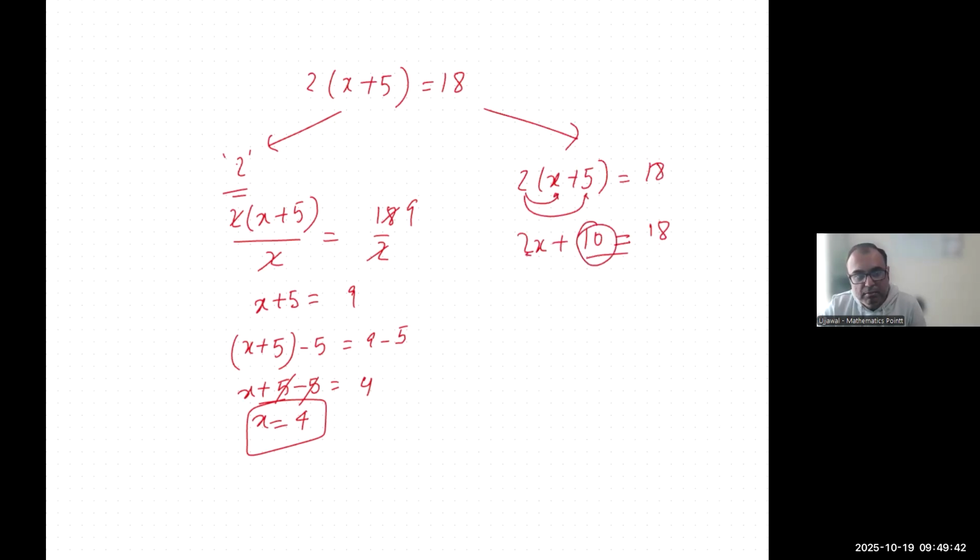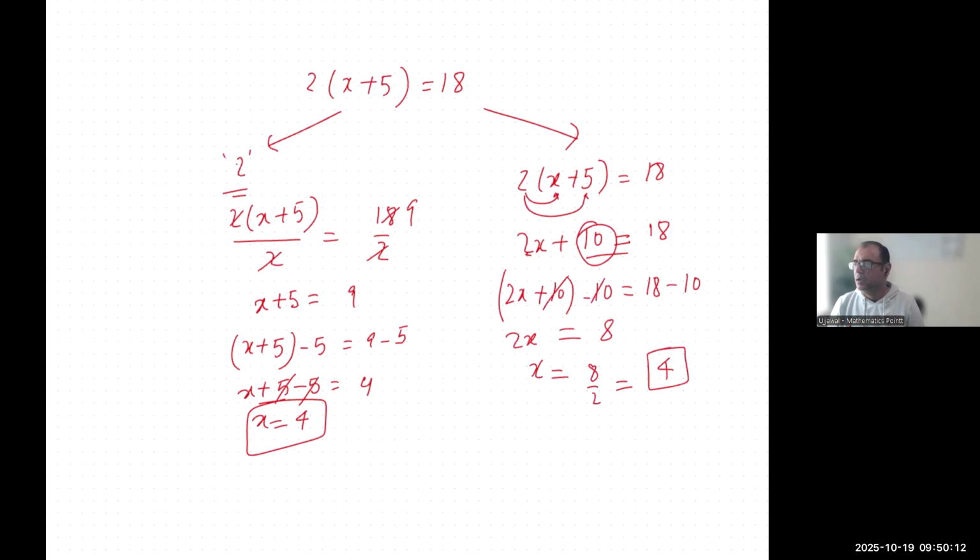So I'll say 2x plus 10 within the bracket take away 10 equals 18 take away 10. So 2x, 10 gone when I open the brackets up, and this is 8. So x is 8 divided by 2, which is 4. That's the way you solve this. All right?